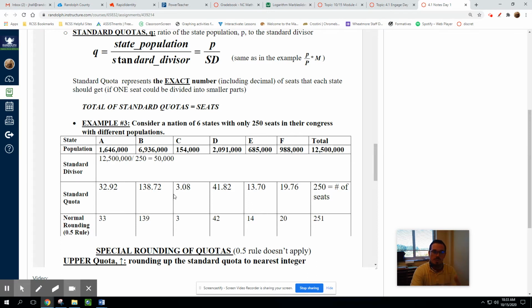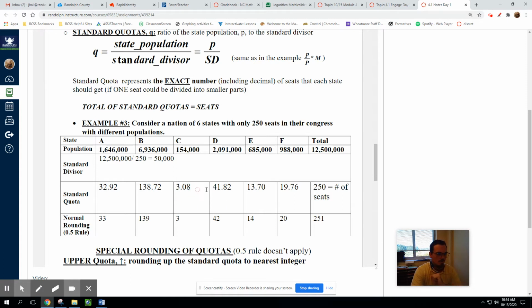We'll do it again for B. 6,936,000 divided by the standard divisor of 50,000 gives us 138.72. C, again, 154,000 divided by 50,000 gives us 3.08.